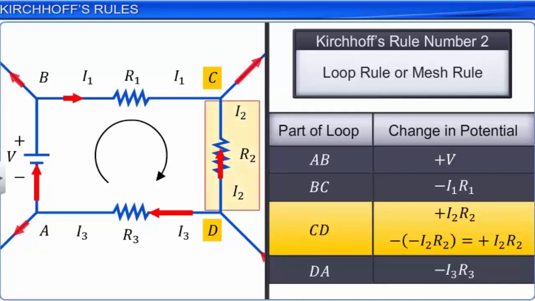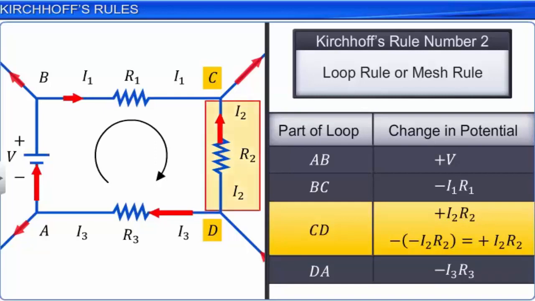Here, charges are flowing from D to C. Therefore, point D is at a higher potential compared to point C. As we are calculating the potential change between points D and C, which is the potential at D minus potential at C, it is positive.